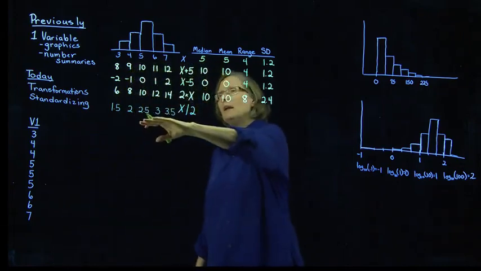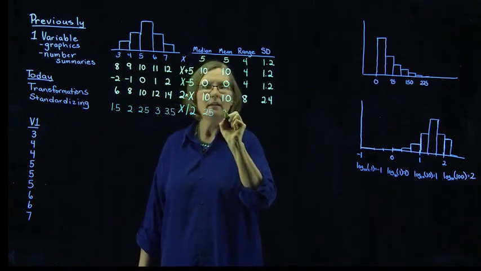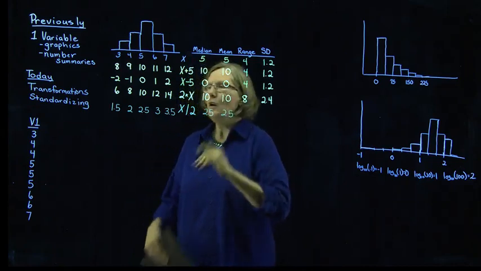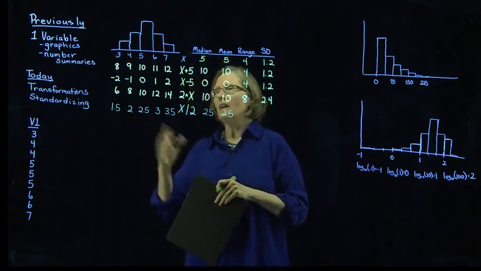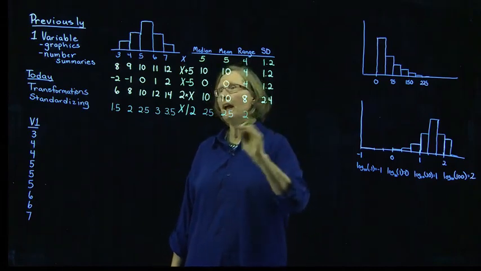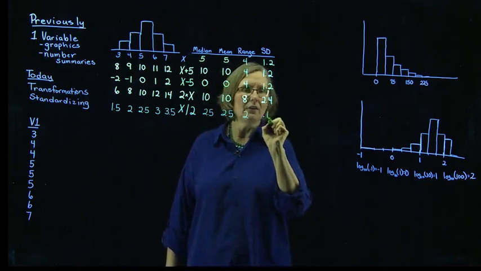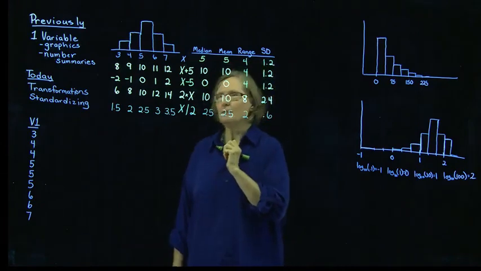My mean and median have decreased by half. My spread, 3.5 to 1.5, is now 2. It is also decreased by 1/2. And finally, my standard deviation also decreases by half.